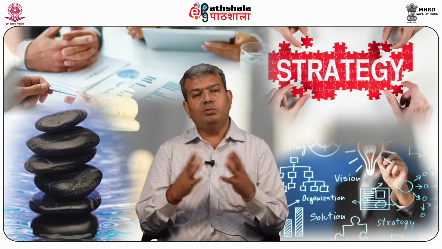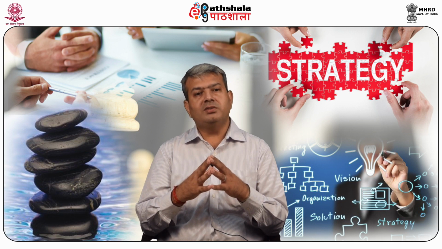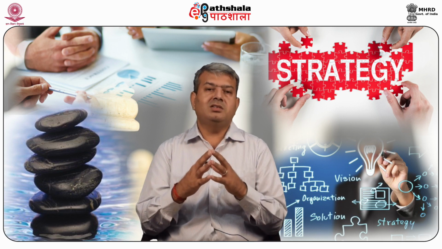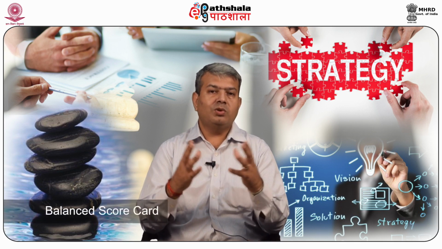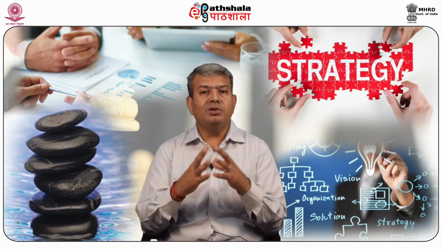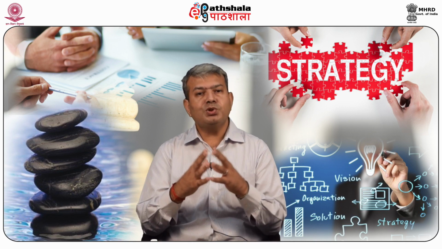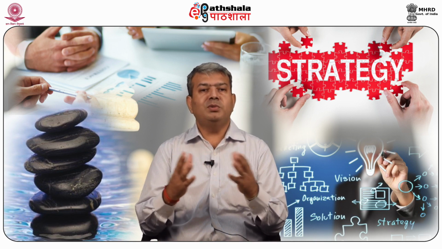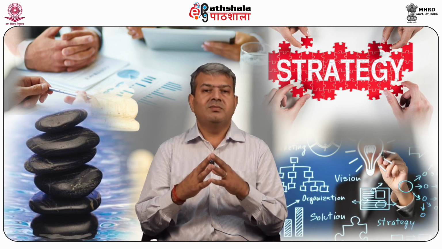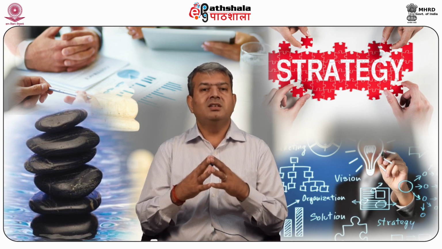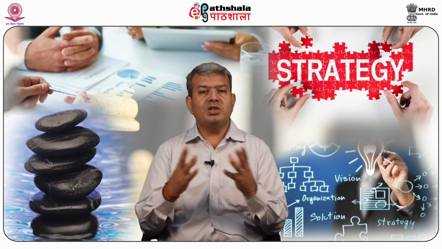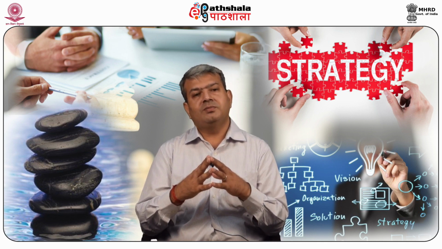Finally, the third and the most important tool that is available to do a comprehensive analysis is the balanced scorecard. The balanced scorecard is one of the strategic planning tools that can be used to assess the performance of an organization. And this tool also helps to identify what are the areas that need improvement so as to gain competitive advantage.